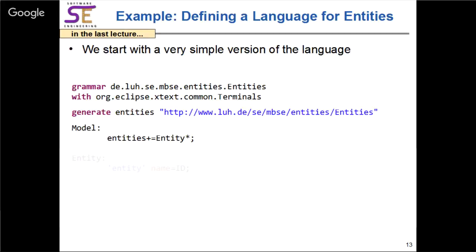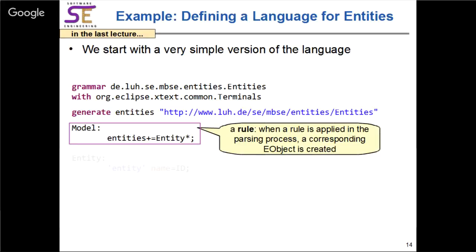Then we see something here which is model colon and then entities plus equal entity star semicolon. And what is this? This is what's called a rule. So it's a name, colon, and then something else and then a terminal semicolon. This is a rule which is applied during the parsing process.